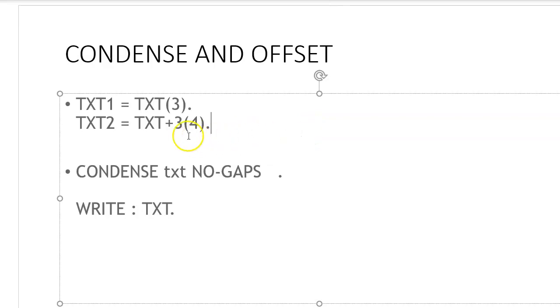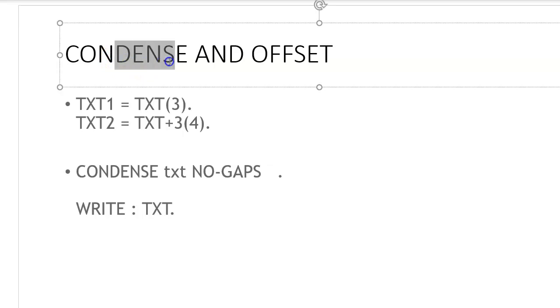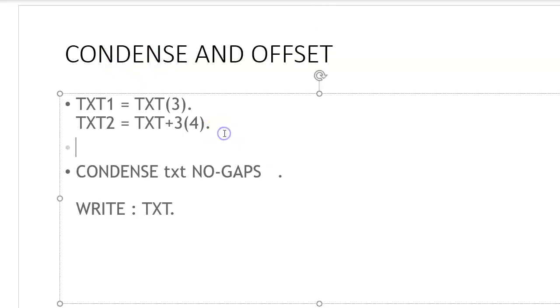And the second part will do the same on the txt string, but the offset point is 3. That means after 3, take the next 4. So it will take these ones. So this is offset.